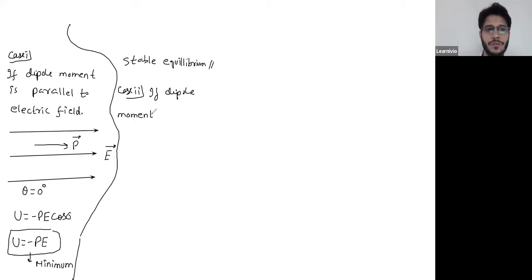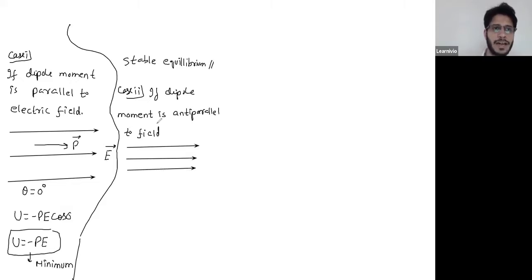Let's start with case 2. If dipole moment is anti-parallel to field. Anti-parallel means they're acting in opposite directions. This is your electric field. The dipole moment is acting in exactly the opposite direction. This is the direction of dipole moment. So if they're acting in opposite directions, that means the angle between them is 180 degrees.